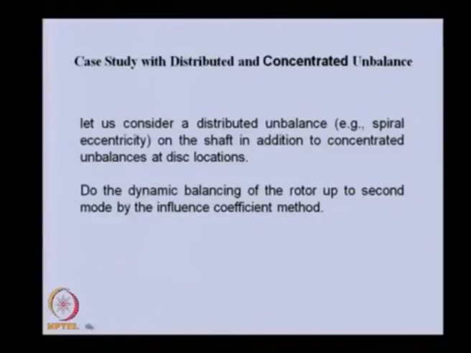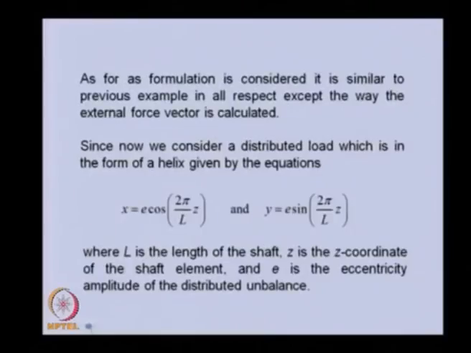Now, the second case study, in which not only the concentrated unbalance but also distributed unbalance was present. In this we took the eccentricity variation like this of the unbalance.